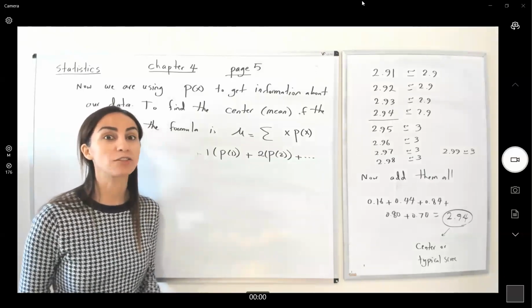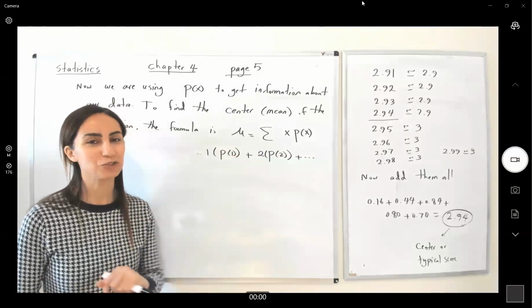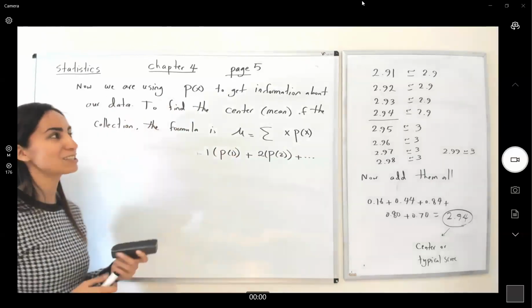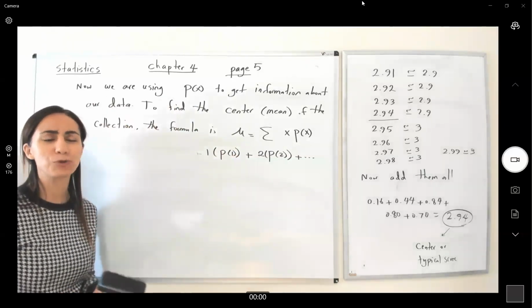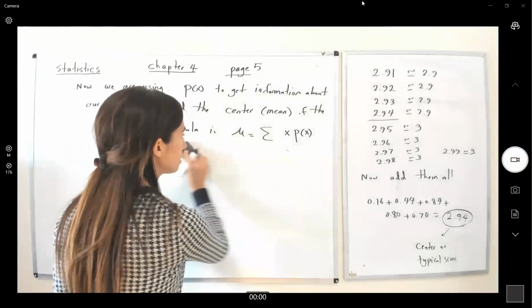We need our standard deviation. So we're going to use a different formula to find standard deviation when P of x, the probability distribution function, is given to us.